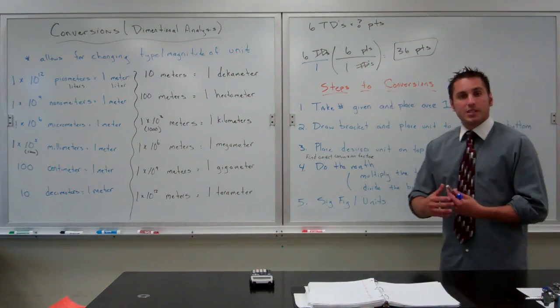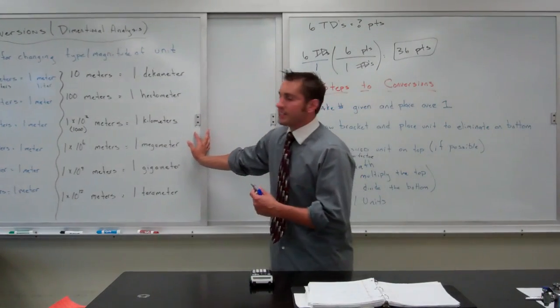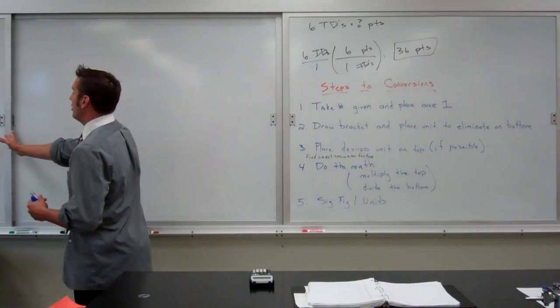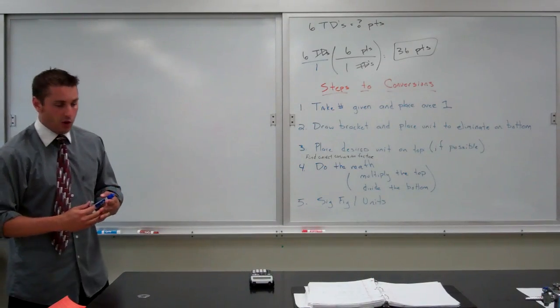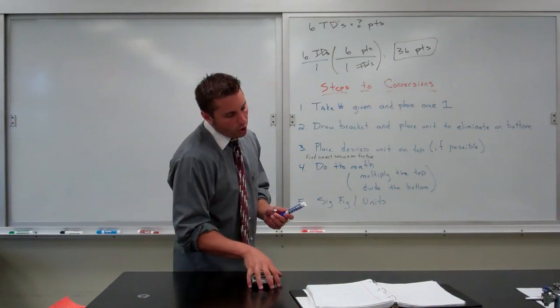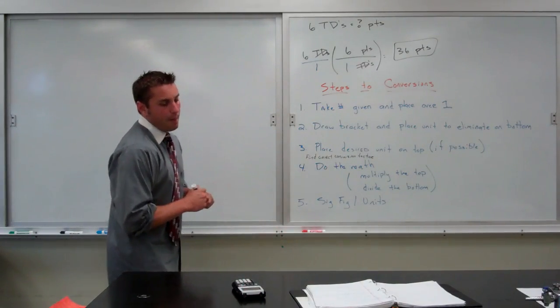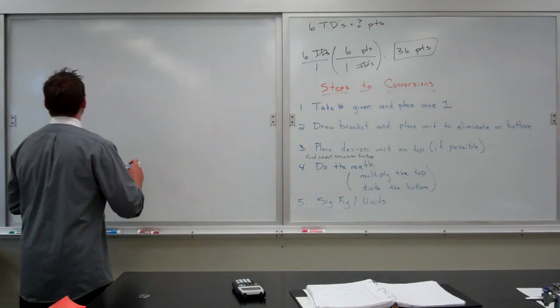So let's take a look at some examples where we need to do 2 or more steps to solve ourselves a conversion. For instance, let's say that we were trying to turn 50 micrograms into decagrams.